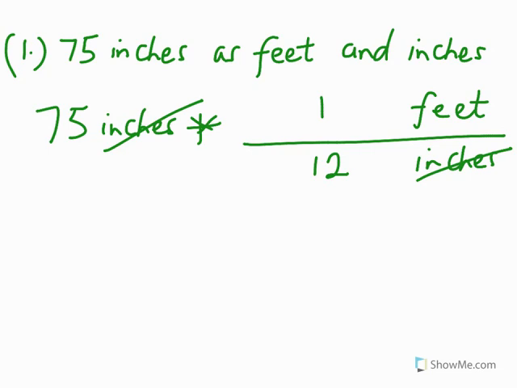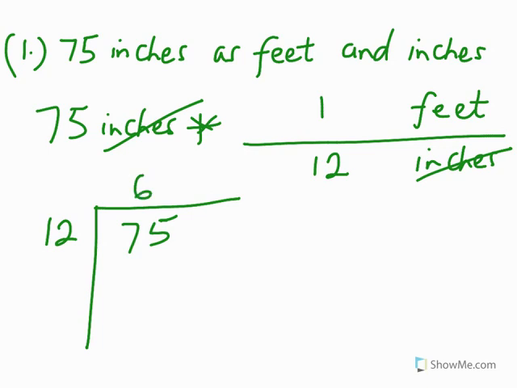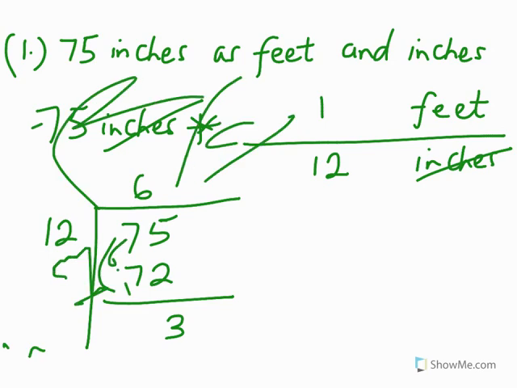We have to divide 75 by 12, so we use our division that you learned. 12 into 75 gives you 6. 6 times 12 is 72, and then you subtract. 75 minus 72 gives you 3. You stop right here. The 6 is your quotient, and the 3 is your remainder.